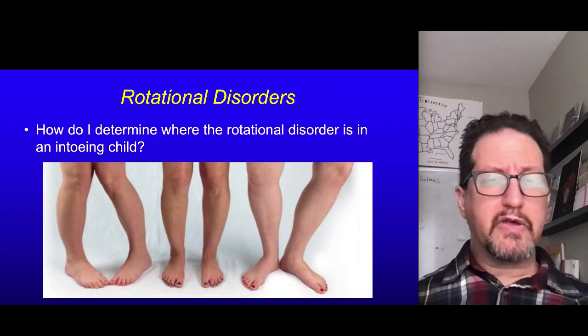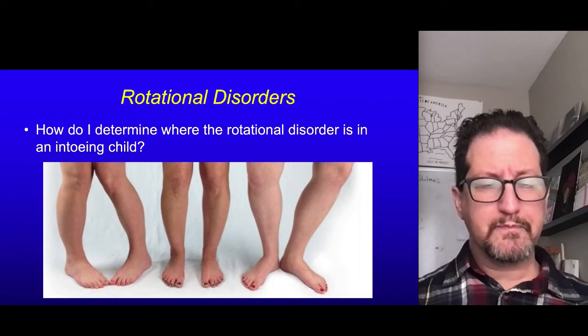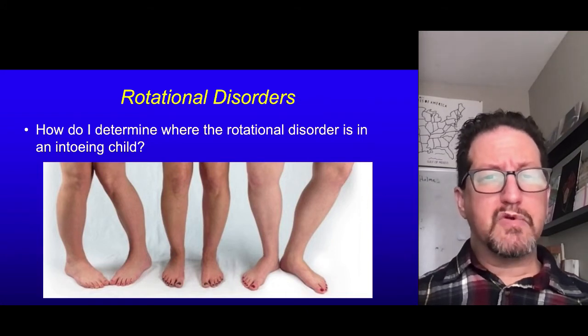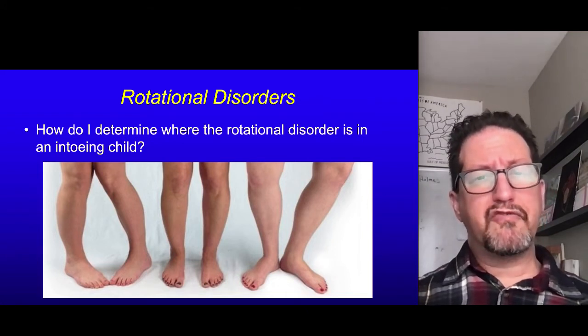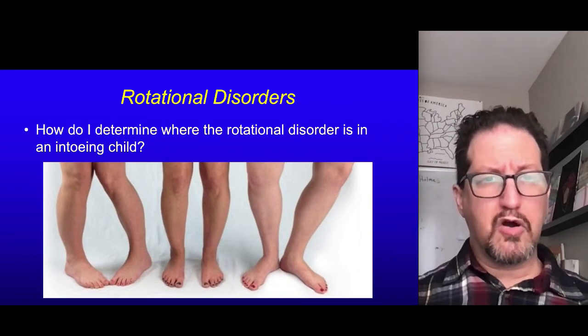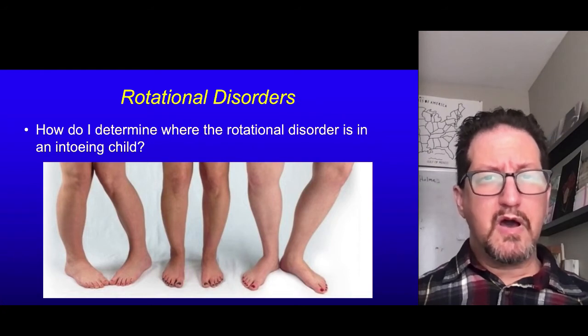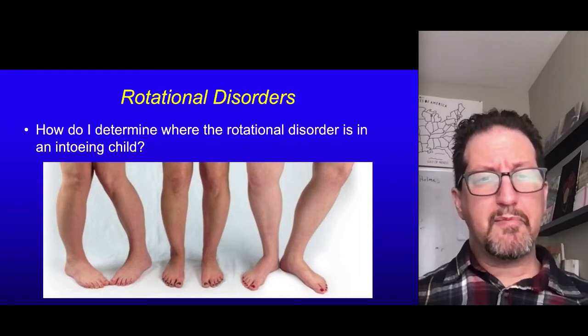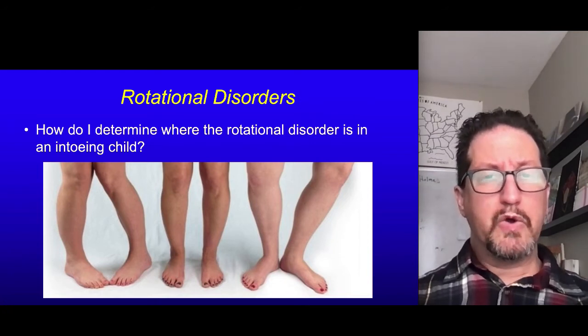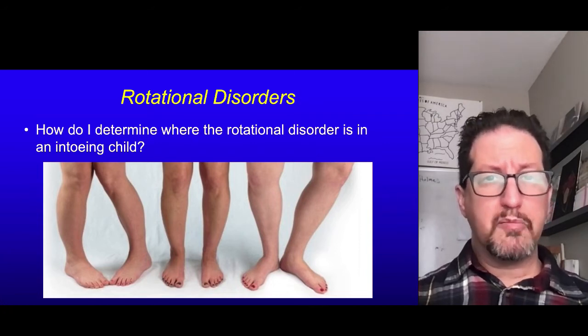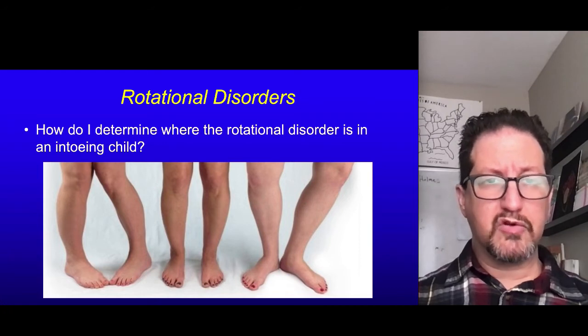When I am looking at a child who comes in with a complaint of in-towing, first I'm going to remember that there are a few areas where this can occur: the hip, the femur, the tibia, and then the foot. Generally, they could either have femoral anteversion, which could be because the hip joint is rotated or because the femur is internally rotated.